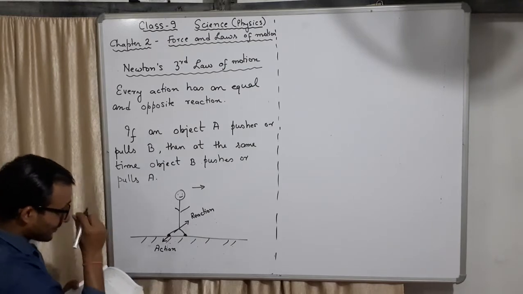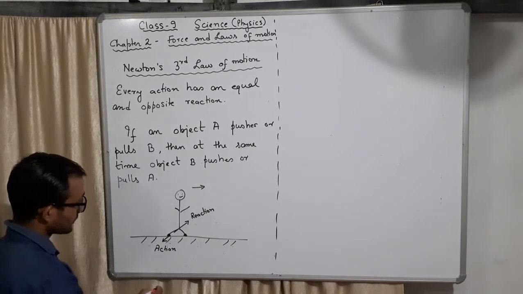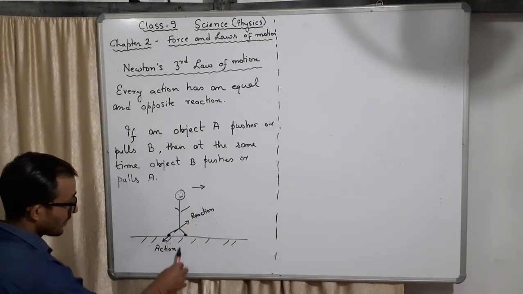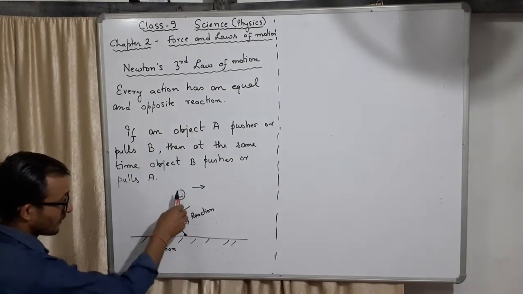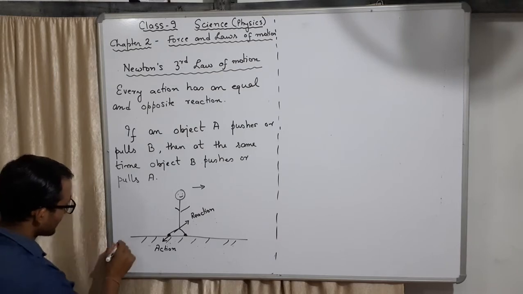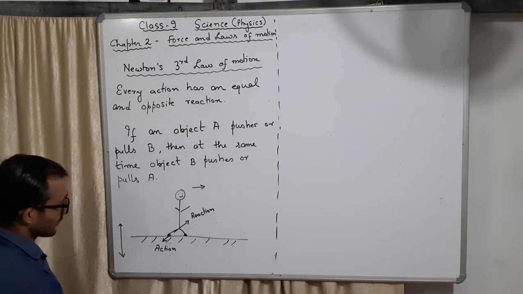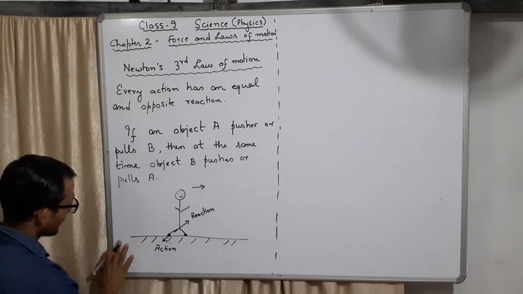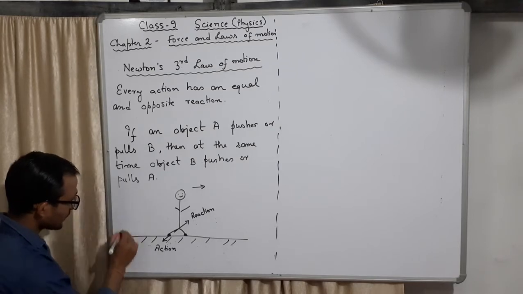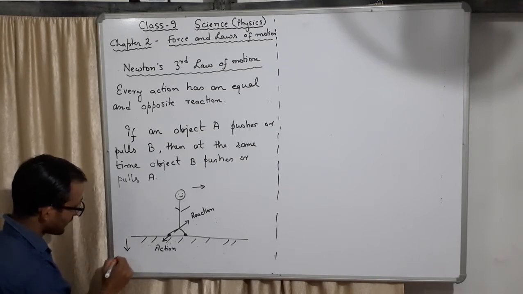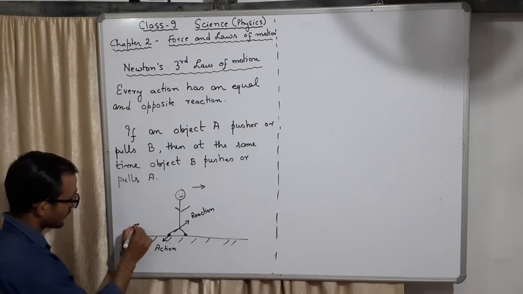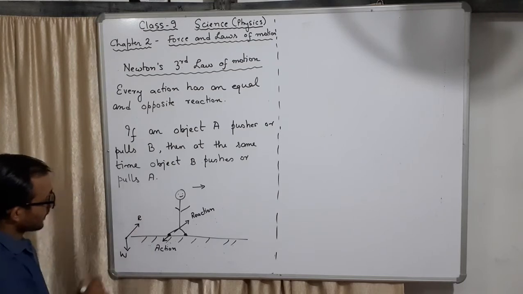Now what happens here? If I draw the complete diagram, it will be very complicated, so I will not draw this. The body's weight is acting downward, the force is downward. The normal reaction is acting in this direction. Suppose there's a weight and this reaction is here.